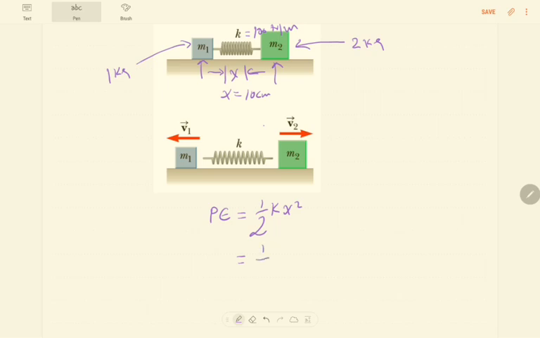In that case, the potential energy would be simply, with direct substitution, 100 Newton, or let's just forget calculating. Now here we have a potential energy. This is before the blocks are released.